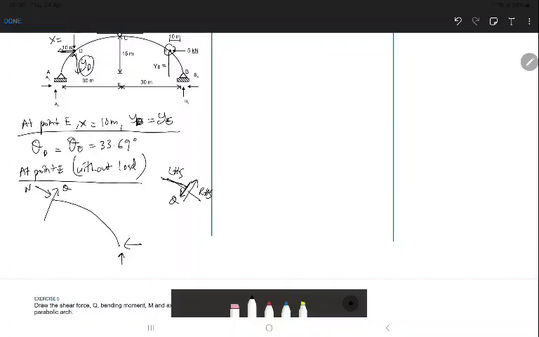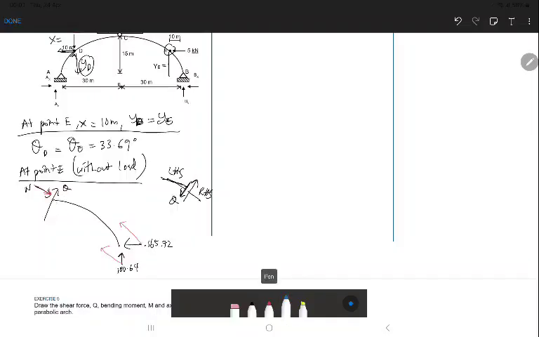Okay, so you have to find by and bx. So by is 100.64. This one is 195.72. Okay, so n in this direction, so that this one and this one.